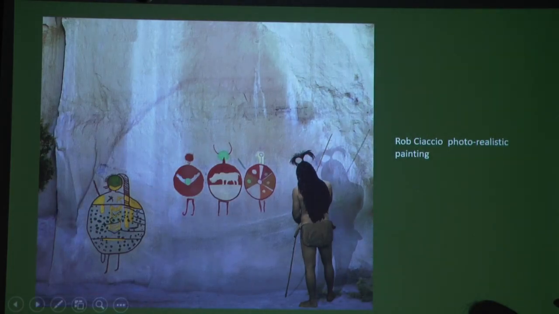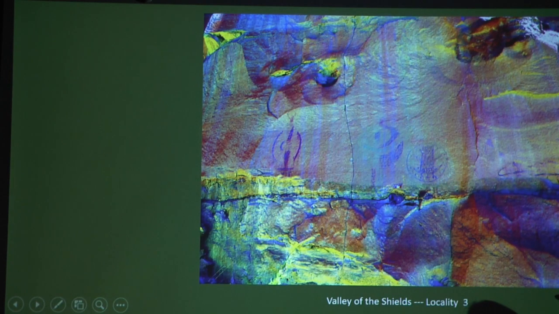This, of course, is a reconstruction, so we put the photorealistic painting of our Thompson warrior visiting the site of Valley of the Shields, just for the expression of something to do with what we're working with.